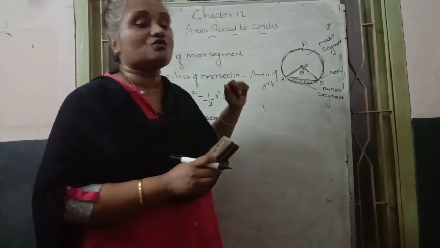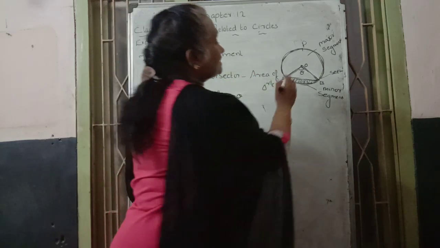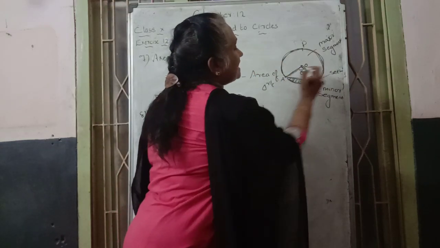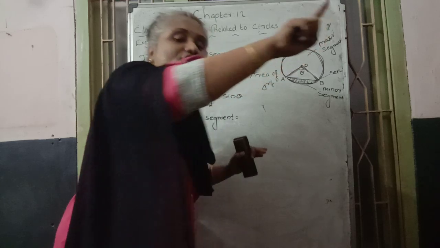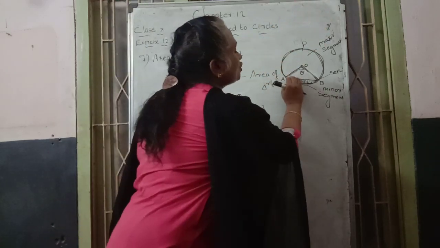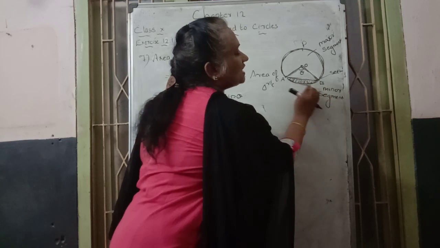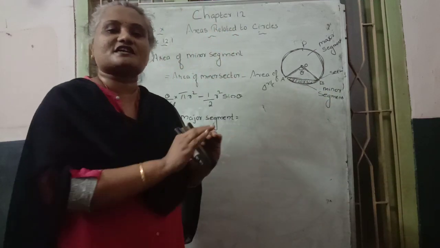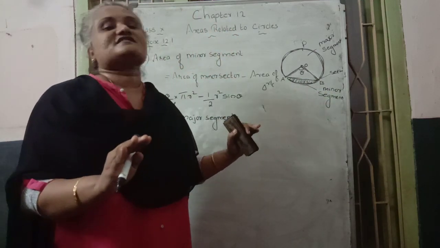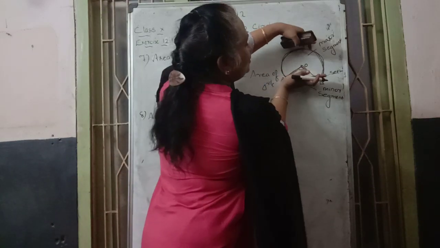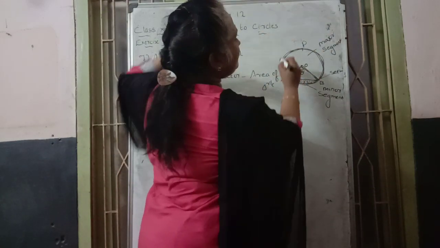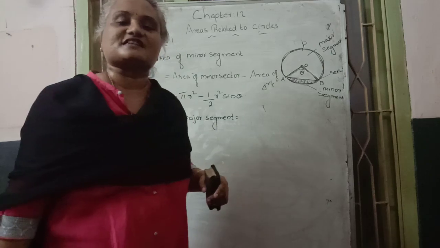We want this much part only. So what we do is, the area of the circle is removed with which part? This small part, which represents the minor segment part. Removed means subtraction. Doing that, we get this much part, which is the area of the major segment.